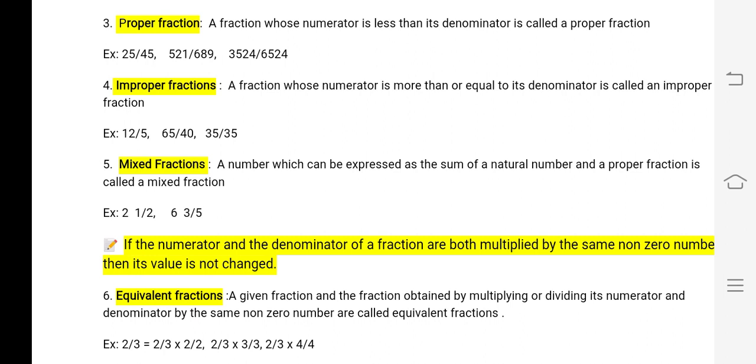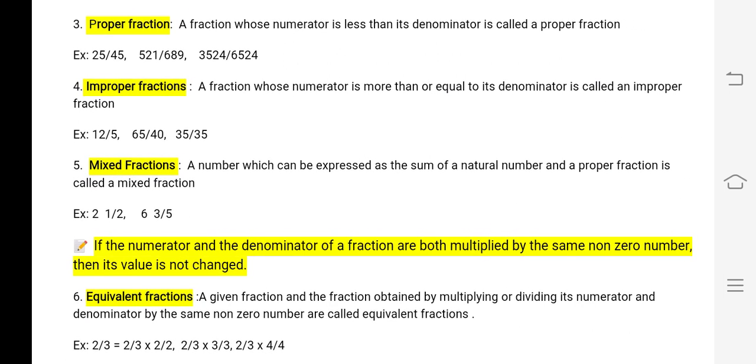Moving on, improper fractions, the opposite of proper fractions. A fraction whose numerator is more than or equal to its denominator is called an improper fraction.